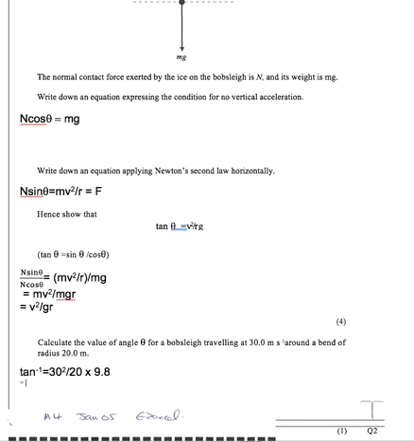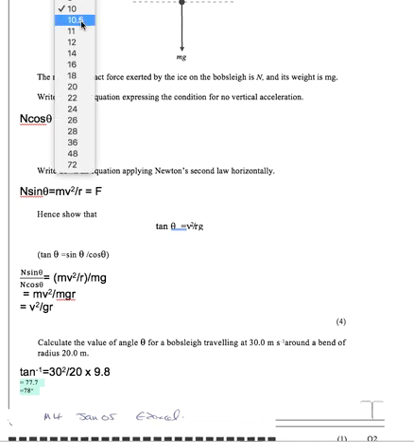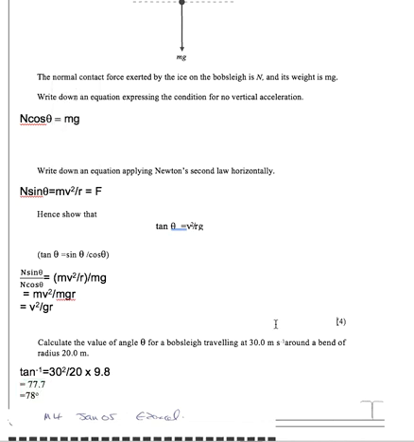We've got 3 sig figs for the v and the r. We could give it to 2, we could give it to 3. We do know g to 3, 77.7, I think 78 degrees to 2 sig figs, because we're only given g to 2 sig figs. 78 degrees. There it is.